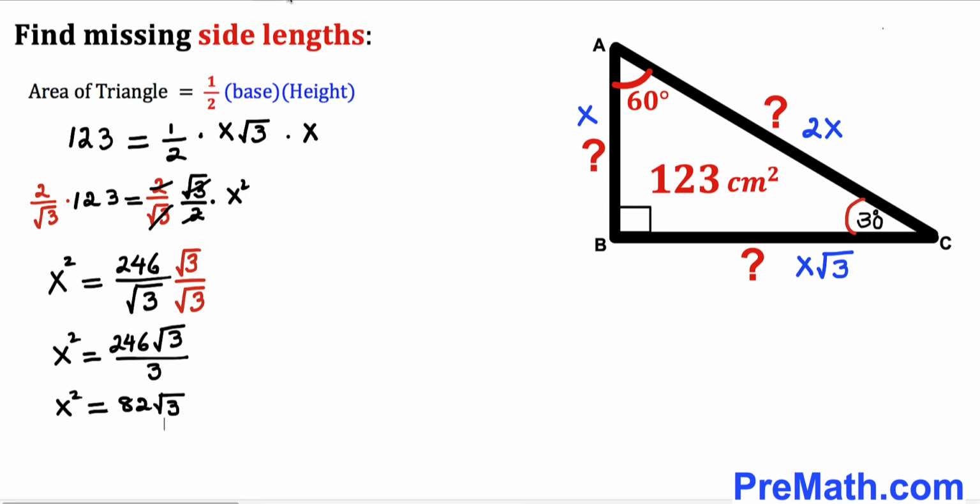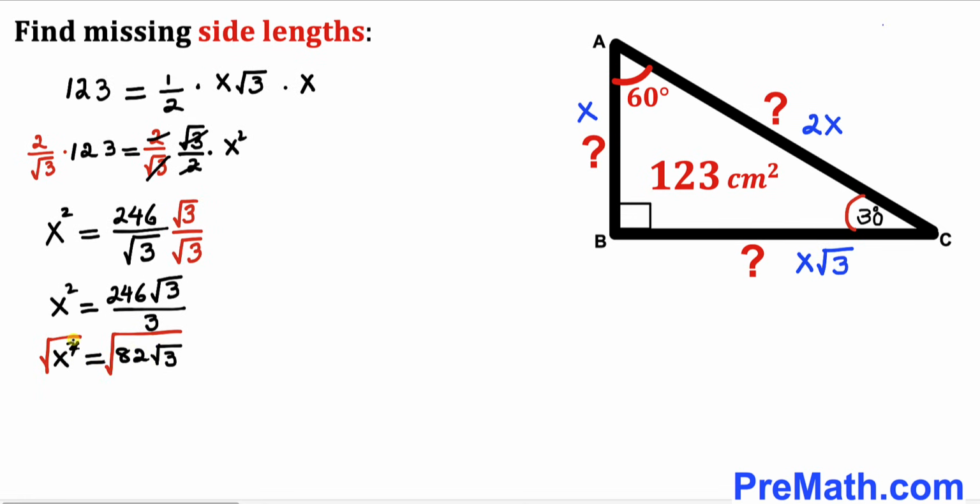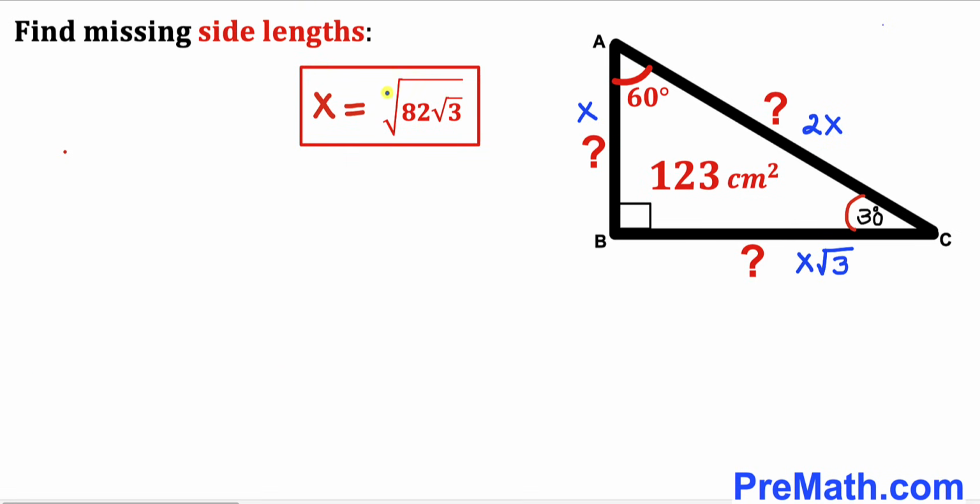And now I am going to undo this square by taking a square root on both sides. And here we can see square and this square root undo each other. So therefore, this x value is going to be equal to positive square root of 82 times the square root of 3. So thus, after all the calculations and manipulations, our x value turns out to be square root of 82 times square root of 3.